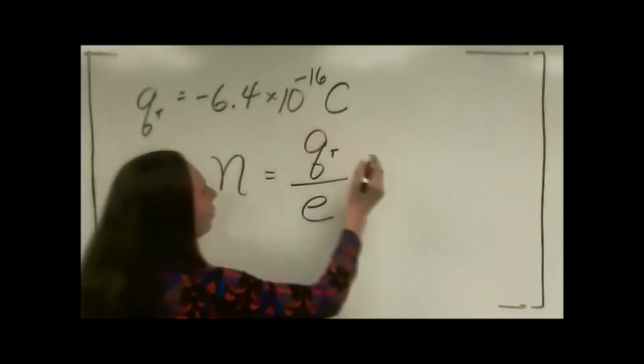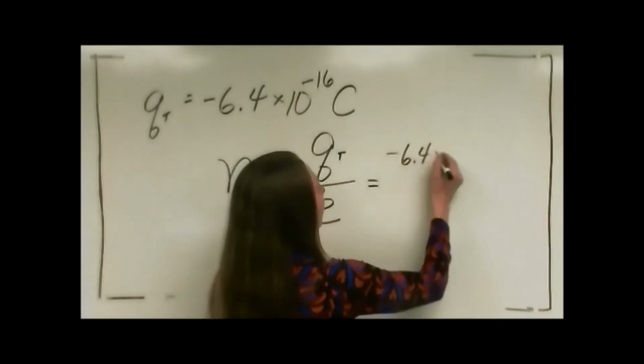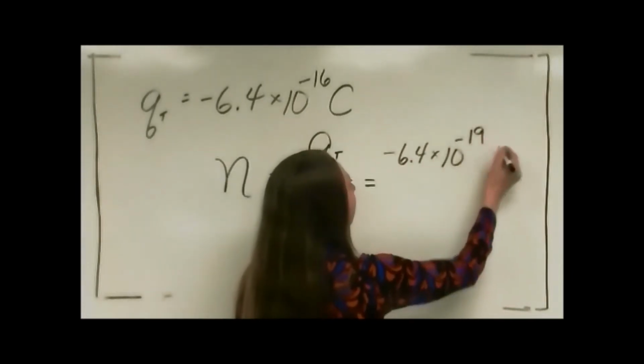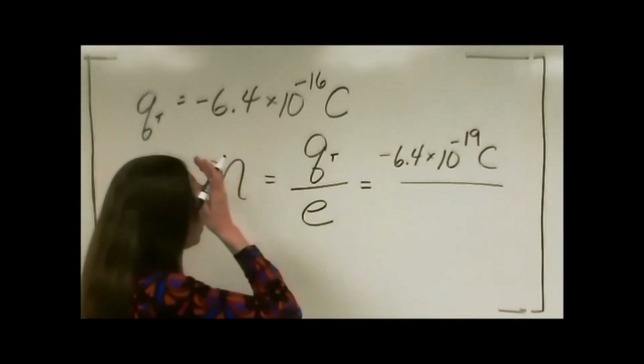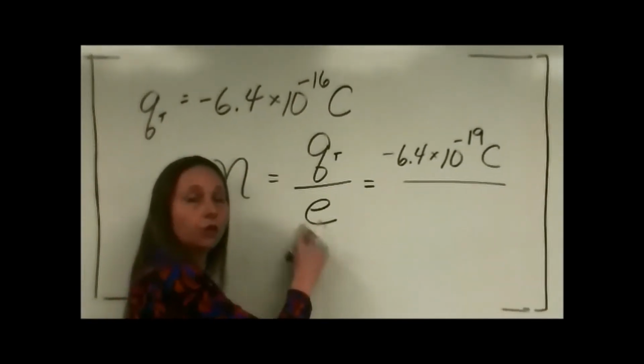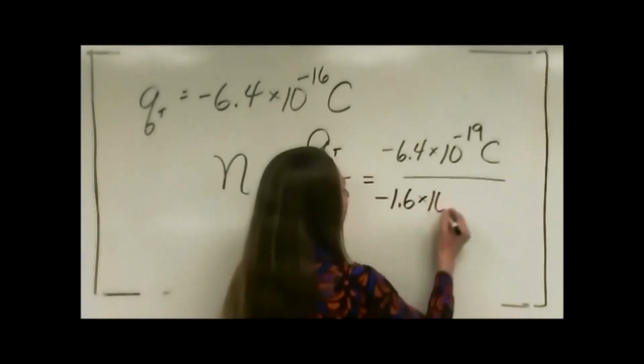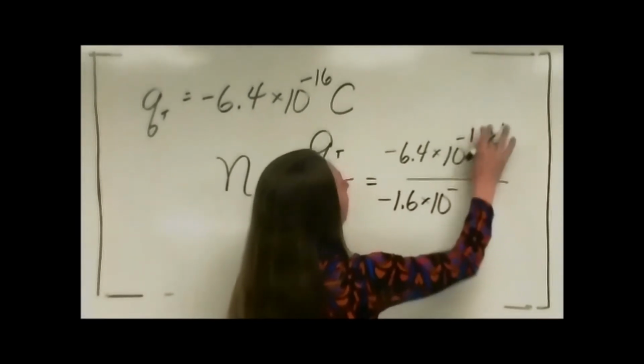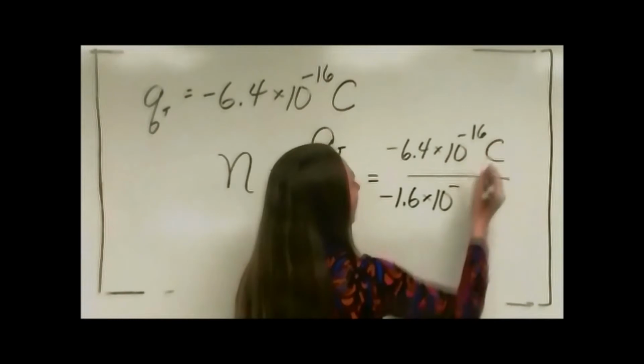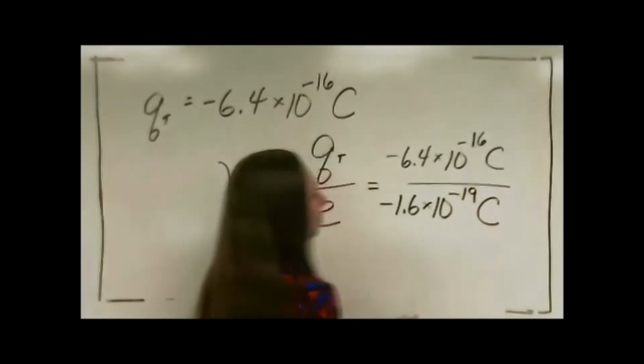So take the total charge, negative 6.4 times 10 to the negative 16 coulombs, divide that by the elementary charge for an electron, negative 1.6 times 10 to the negative 19 coulombs.